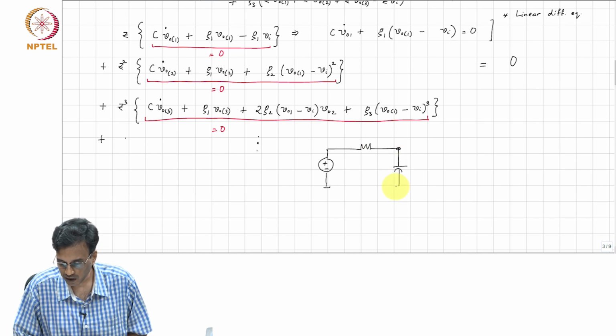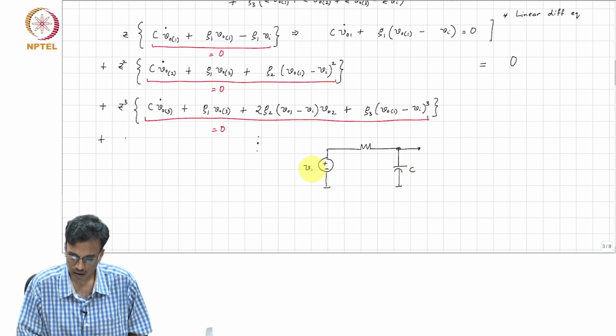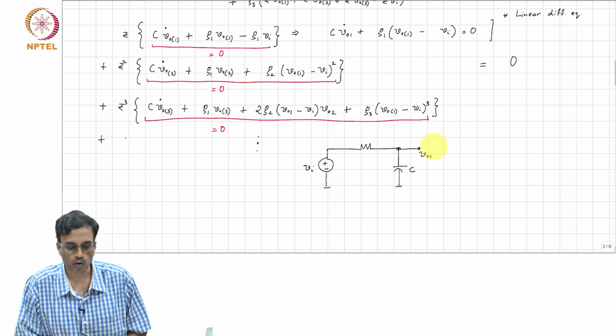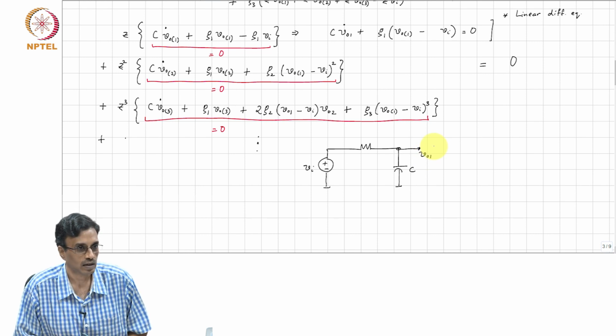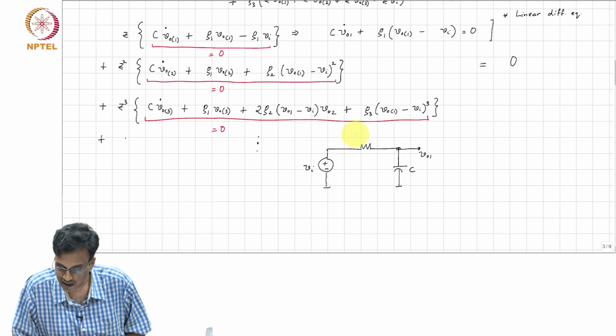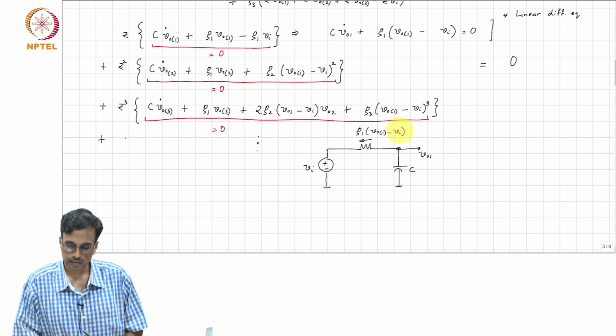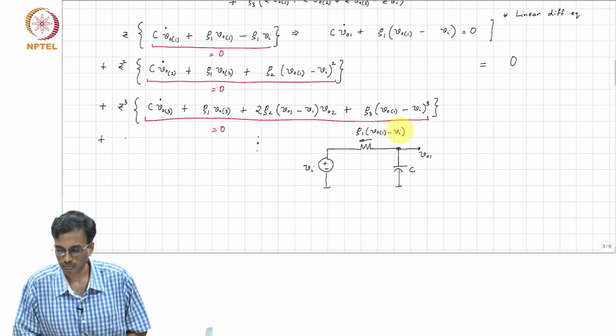So, this is basically the same as our original network, except what is the difference? Here the output will be V01. But what is the difference between the original network and this network? The linear resistor is there. The resistance is linear, right. So, this is nothing but G1 times (V01 minus Vi).